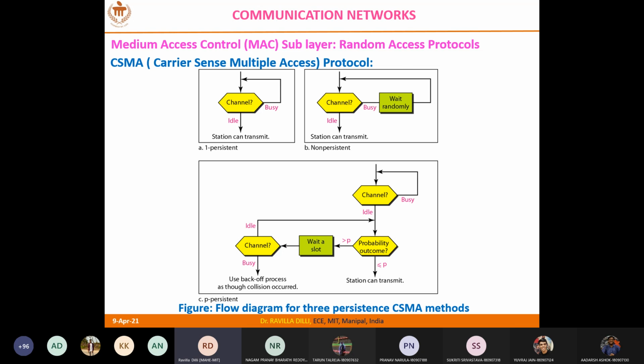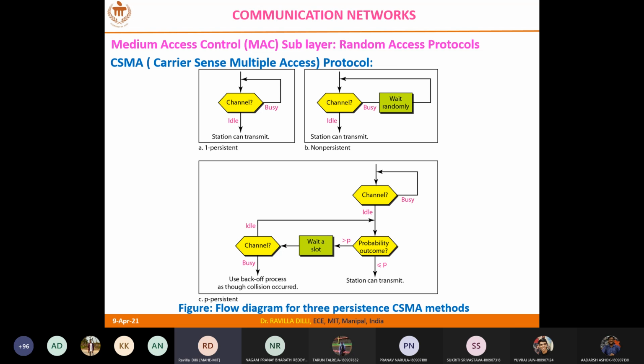Now coming to this p-persistent strategy, how it works. So you check for the channel status. If it looks idle, then you can start your frame transmission with a probability p. Try to understand, it's a little tricky.